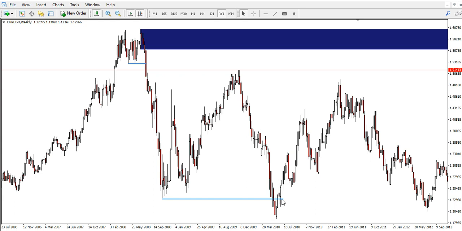After we determine our break of market structure right here, then we have to go back up from the swing high and find an order block. In this instance, price formed a swing high and then it pushed down, so we have to find a bearish order block.